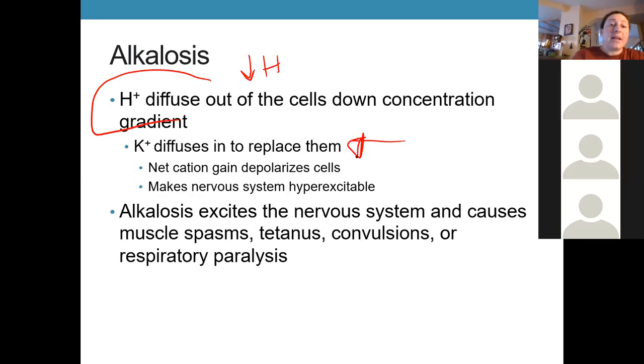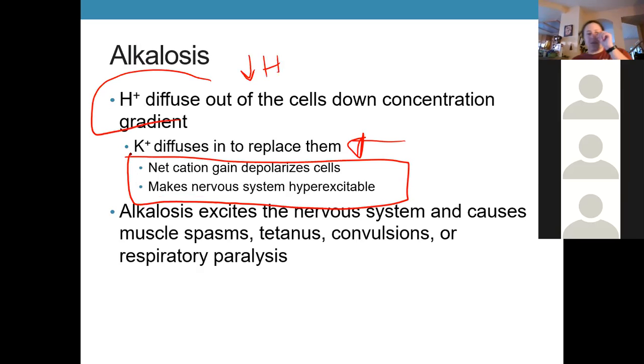Gotta check that. But anyway, the end result here is the opposite. Now we have extra positive charge inside the cells, so we're actually depolarizing them. That makes the muscles and neurons more excitable, more likely to fire. And so what we see is the opposite.